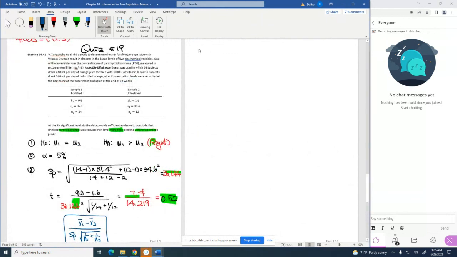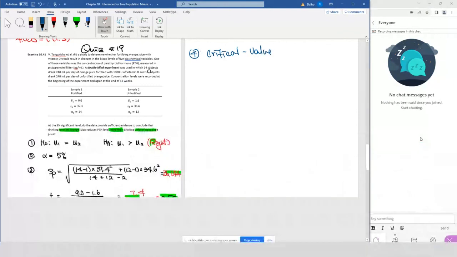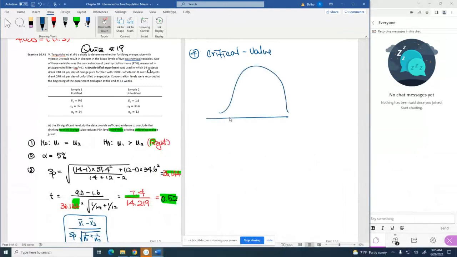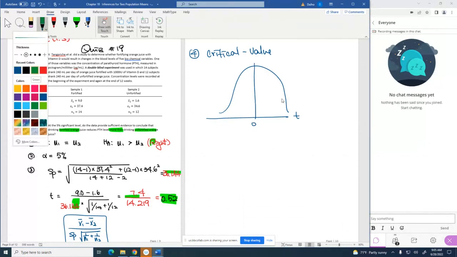So now, step 4, the critical value. Based on the t-distribution, the mean equals 0, and 5% right tail.